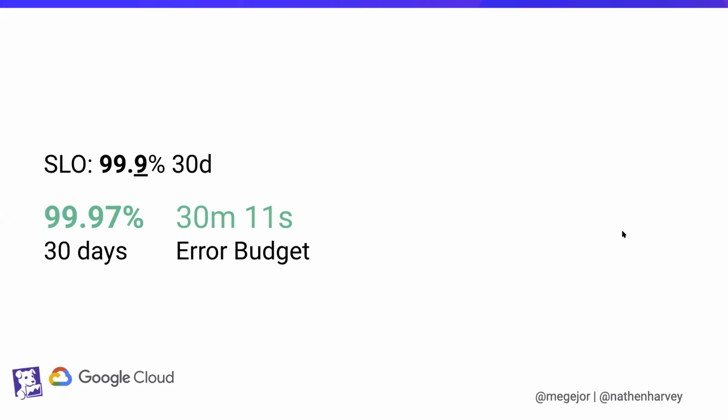Well, that's under our SLO, but we still have 30 minutes and 11 seconds remaining of error budget across those 30 days. So this is probably an indicator that while we have consumed some of our budget, we're probably okay in terms of being on track to meet our SLO over 30 days.